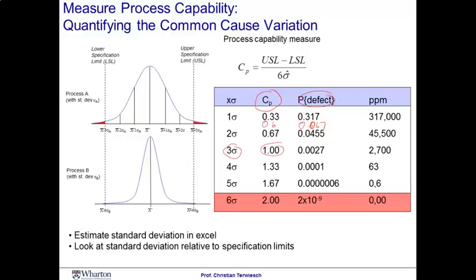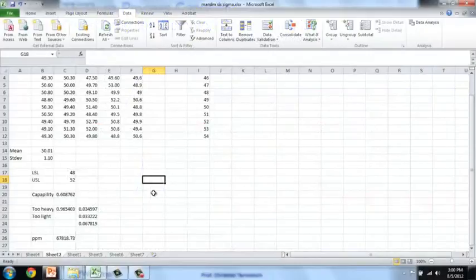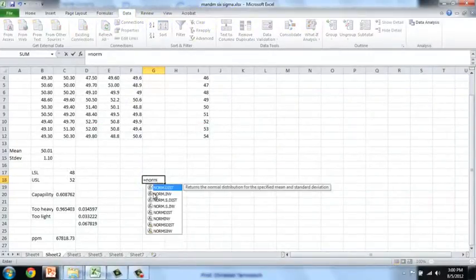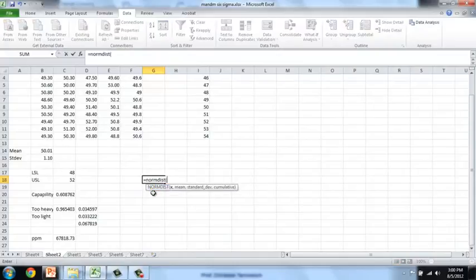Now where do these numbers come from? Let's first look at the 3 sigma process. What's the defect probability? Well, I have to go 3 standard deviations before I hit the specification limit. Let's assume the underlying distribution is a standard normal distribution, which has a mean of 0 and a standard deviation of 1. So for a defect I have to hit the number 3.